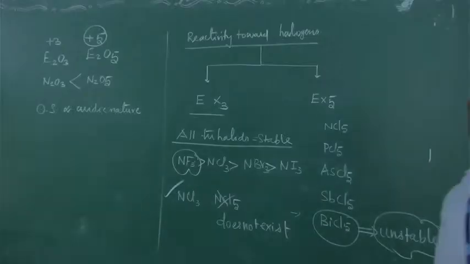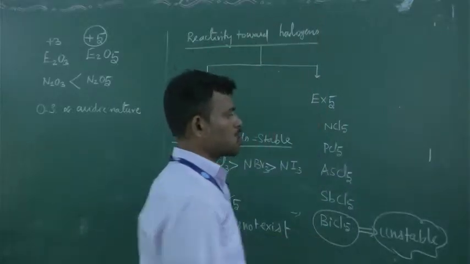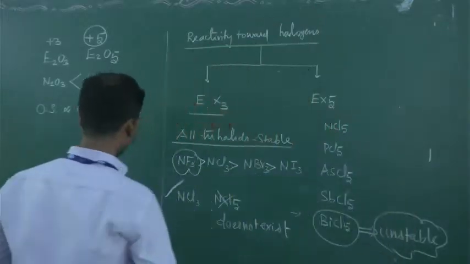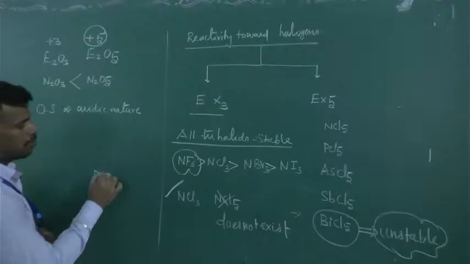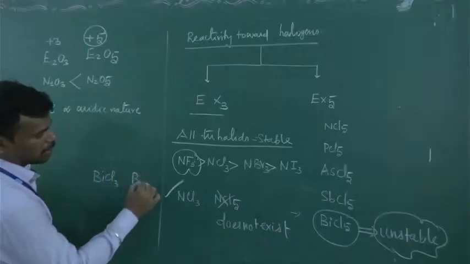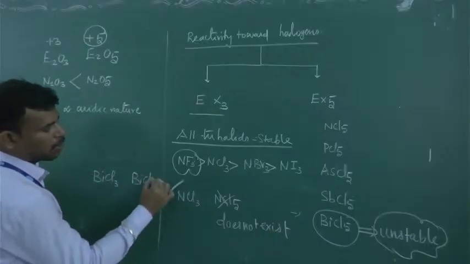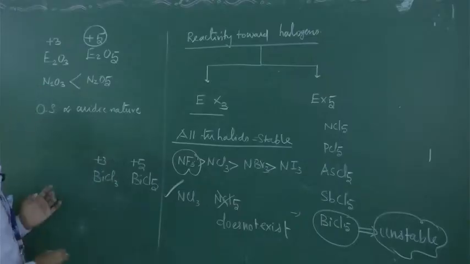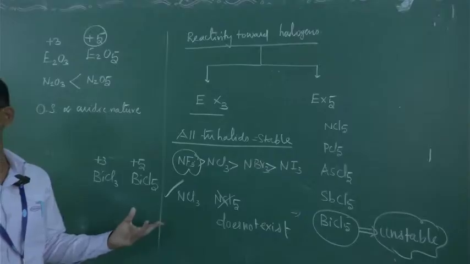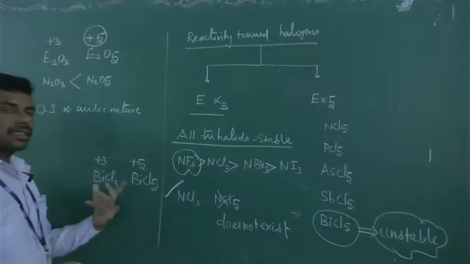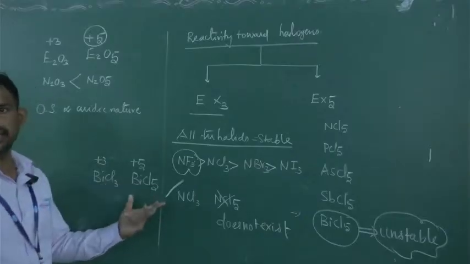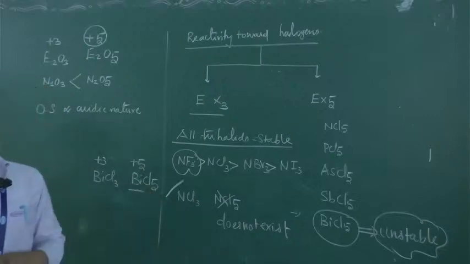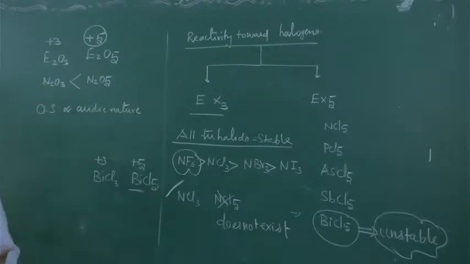The inert pair effect. Among bismuth trichloride and bismuth pentachloride, one is in the +5 oxidation state and the other in the +3 oxidation state. Which is more stable? BiCl3. It exists because down the group the +3 state is dominant, so its stability is more.